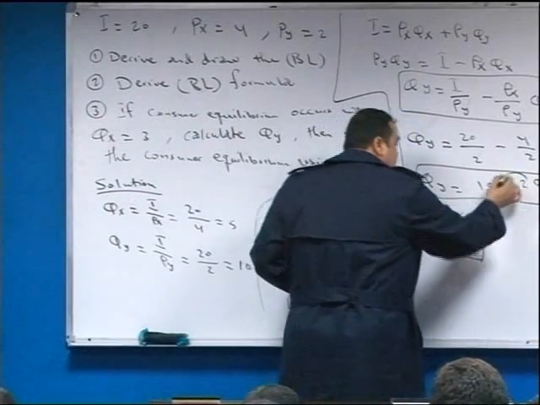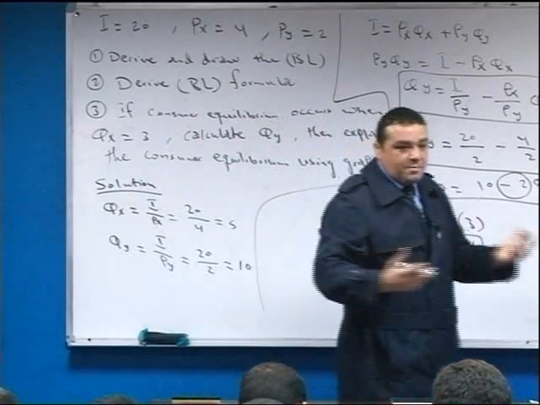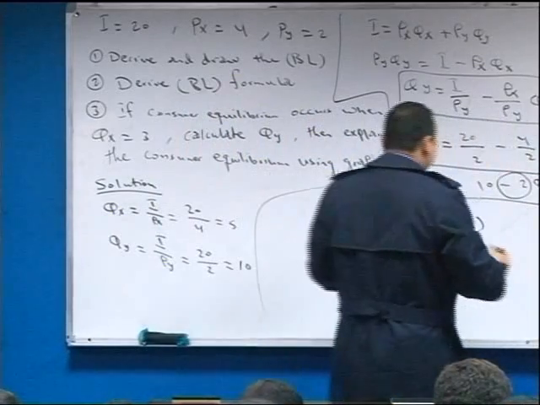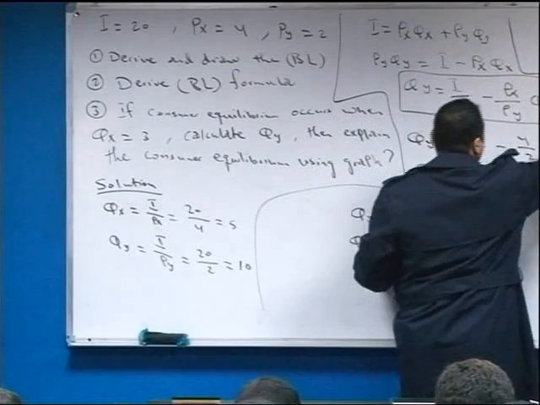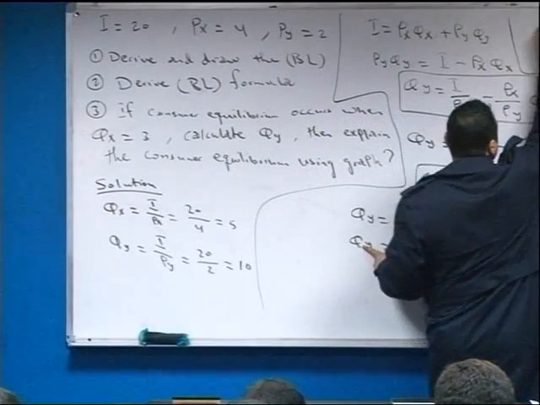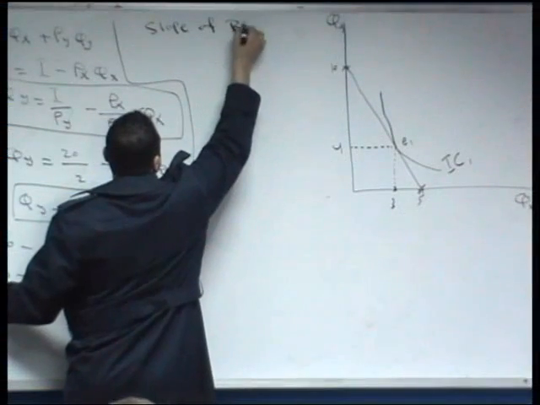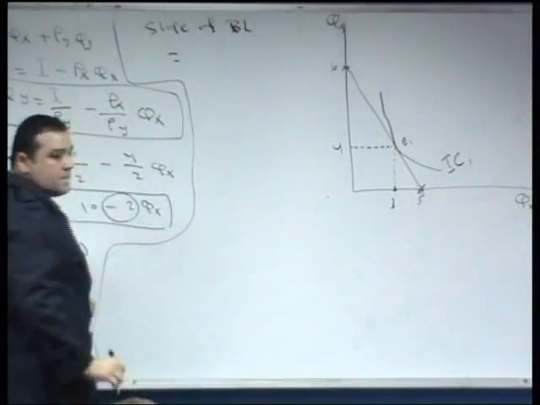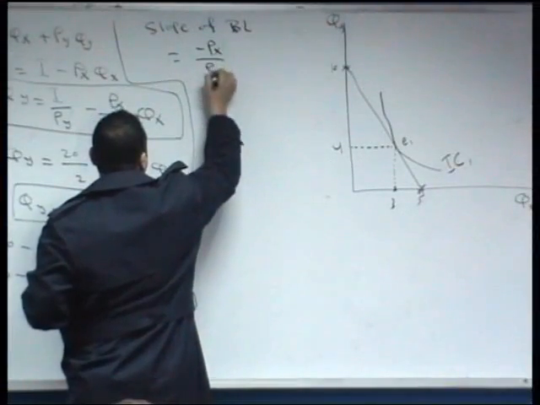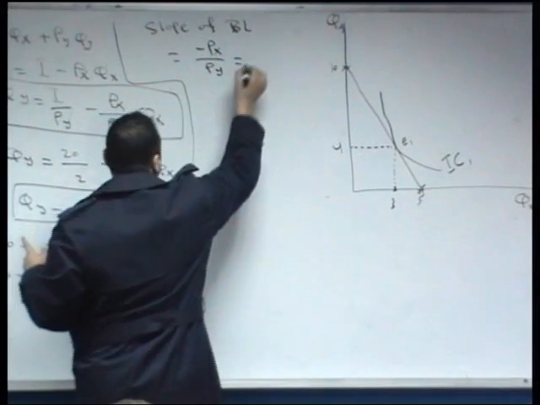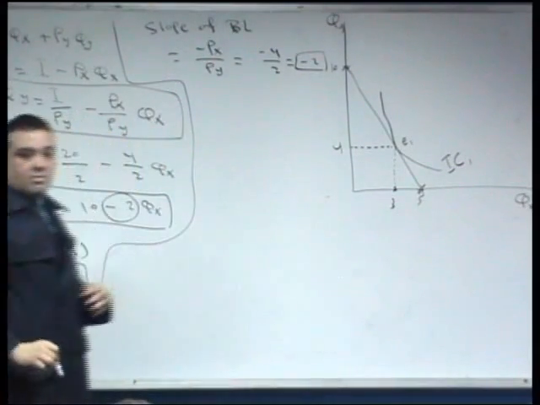So the slope of the budget line equals minus Px over Py. How much? Minus 4 over 2 equals minus 2. This is the slope of the budget line.